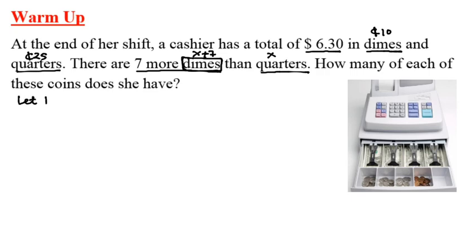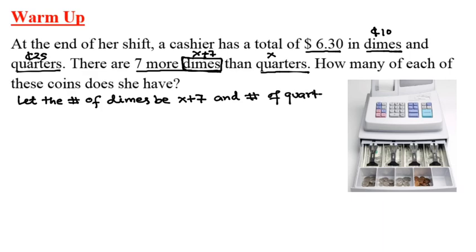So let the number of dimes be x plus 7 and the number of quarters be x. Now we can make the equation.